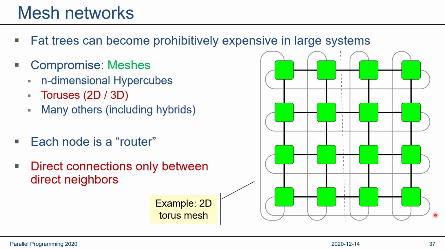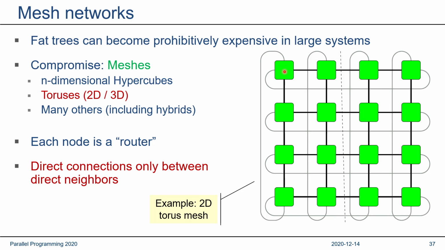In a mesh, each node is a router. And it's important to note that this is not a non-blocking crossbar. Even if it looks like it, here we have an example of a 2D torus mesh. It is not a fully non-blocking switch, because data can only flow in these connections.